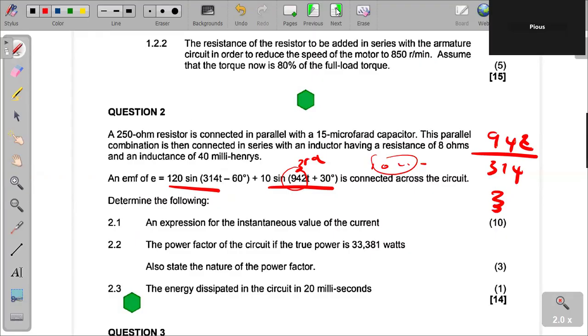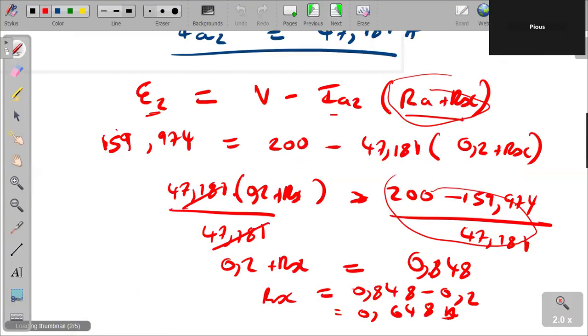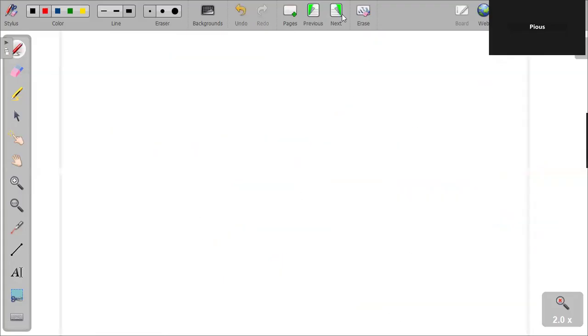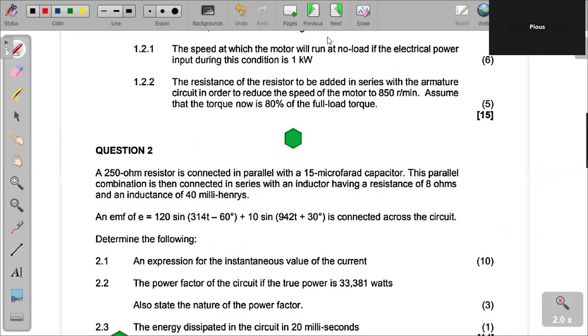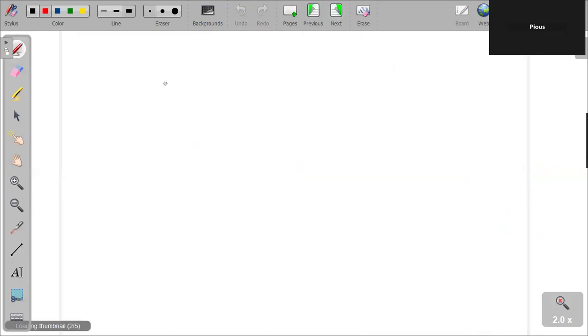To make it clearer for us, it's good that we represent this information on a diagram. The information we've been given right here, we can indicate it on the diagram, right? This is the diagram we have.